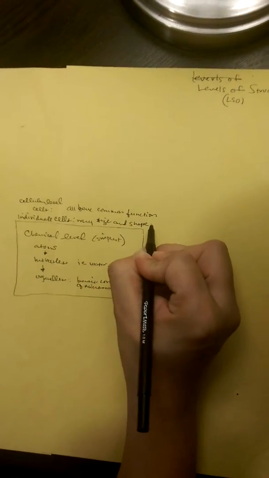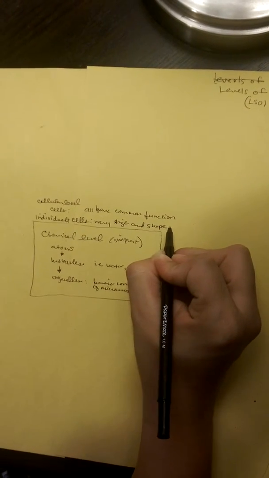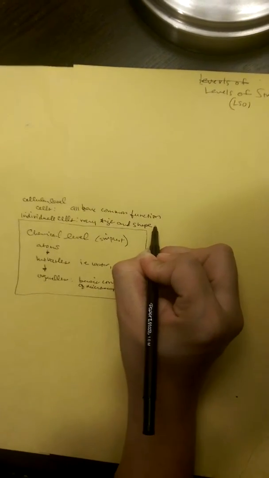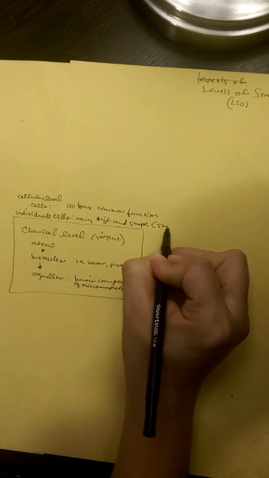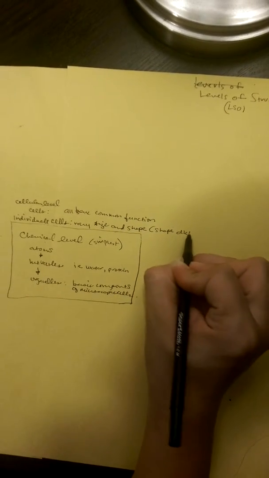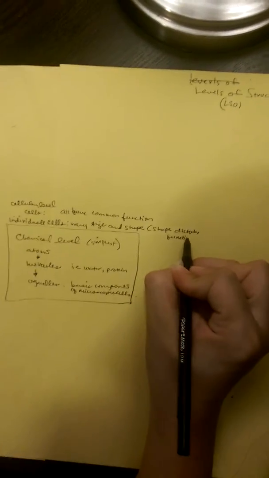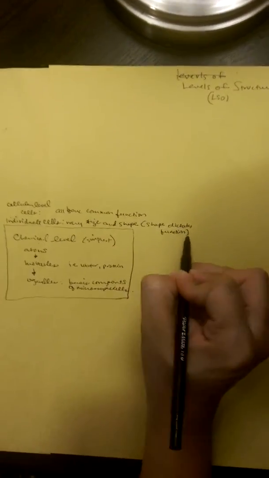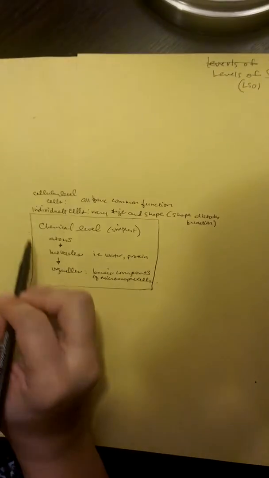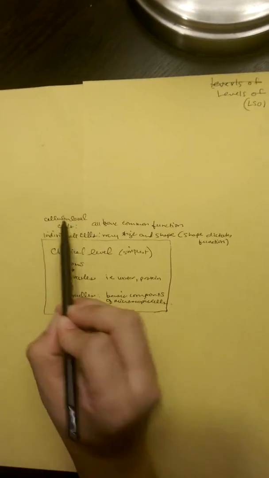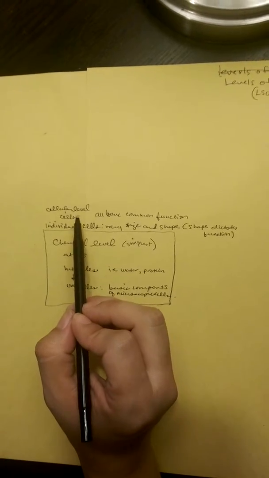And remember that different shapes are important because shape dictates the function. Okay, so the first LSO was the chemical level. The next one was the cellular level.